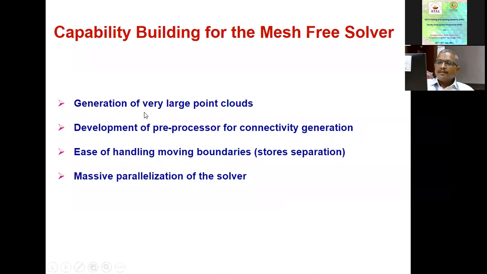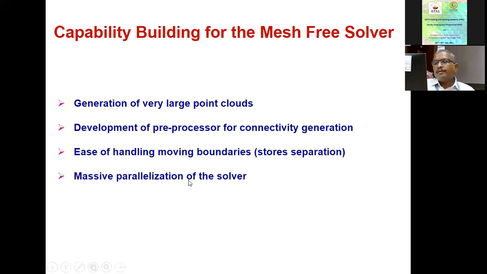Having then generated a large cloud of points, to solve that you cannot have a serial solver. I hope people are aware of this. I will not be able to explain in detail. One has to do parallelization of the code. So how do we do parallelization for a mesh-free method?